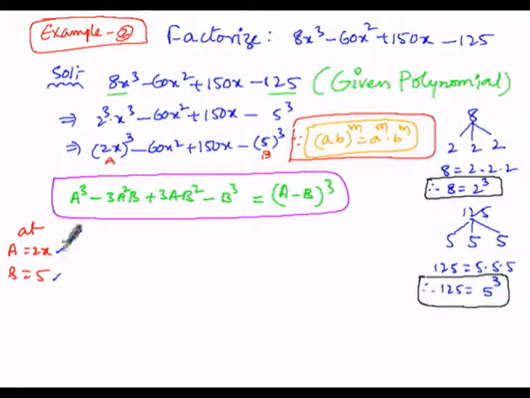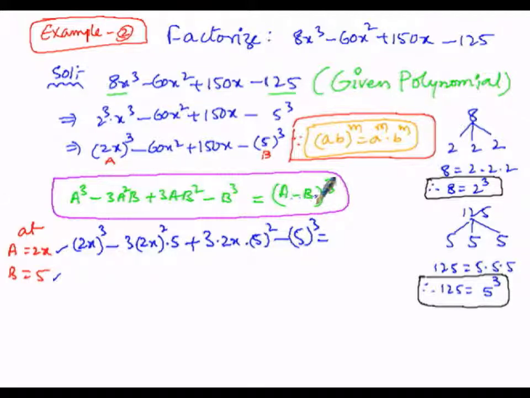So (2x) whole cube minus 3 into (2x) whole square into 5 plus 3 into 2x into 5 square minus 5 cube equals (2x minus 5) whole cube.